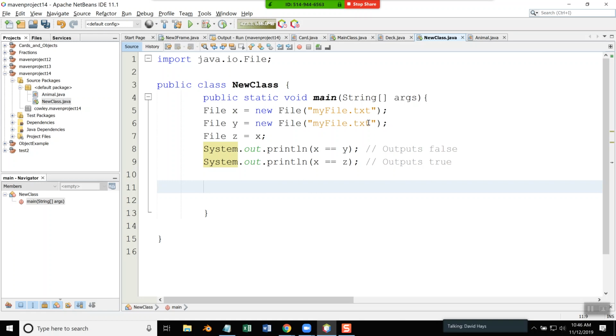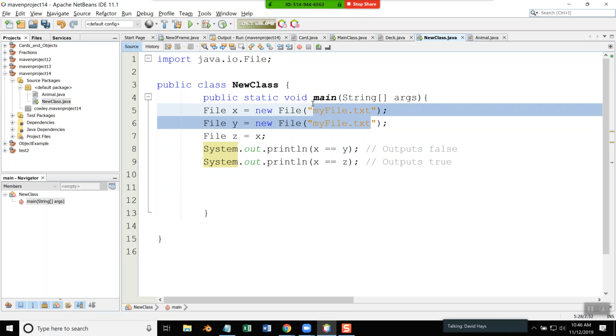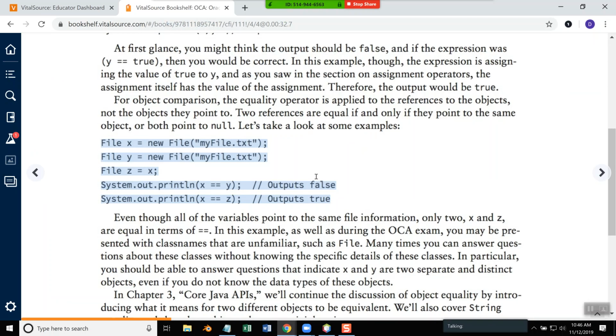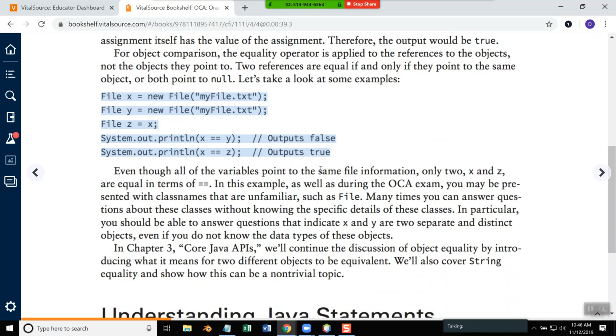I'm not sure why it allows you to create a new one with the same name. Oh well. Not that you'd ever do that.